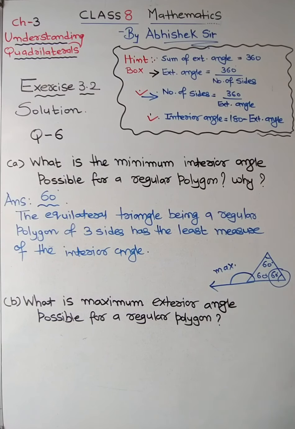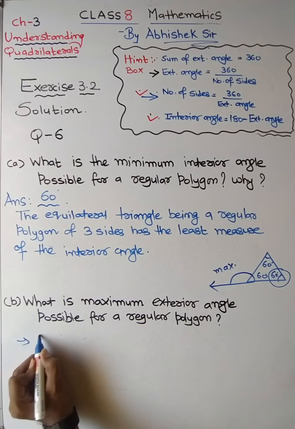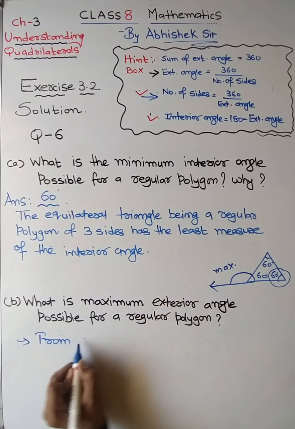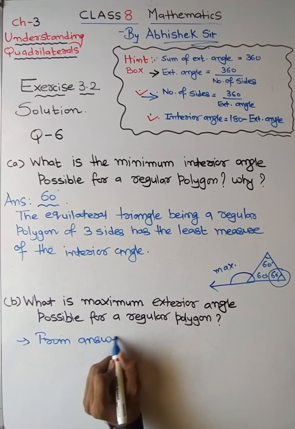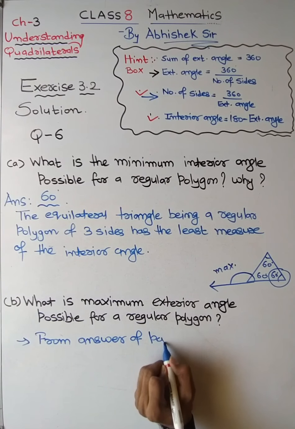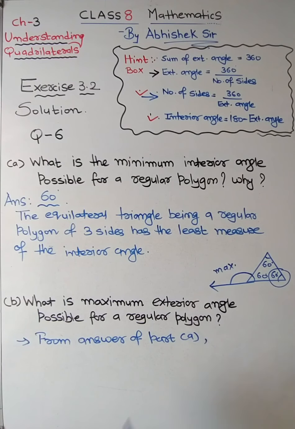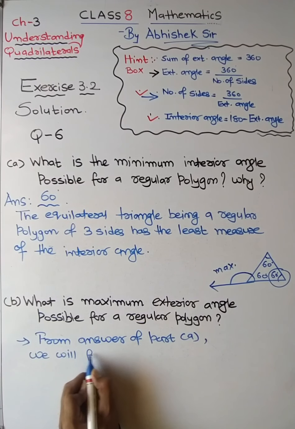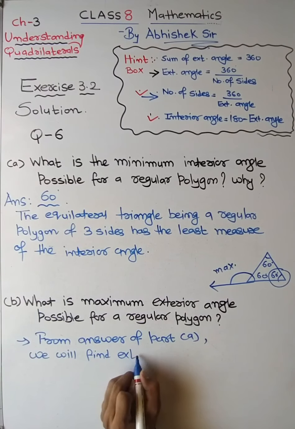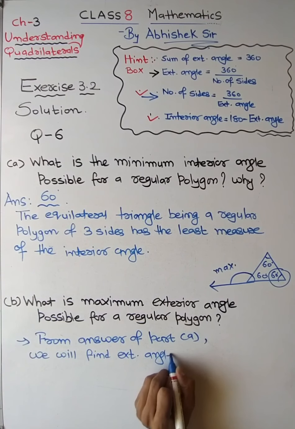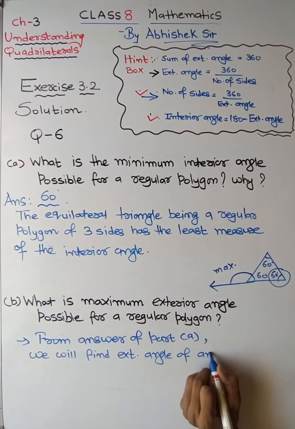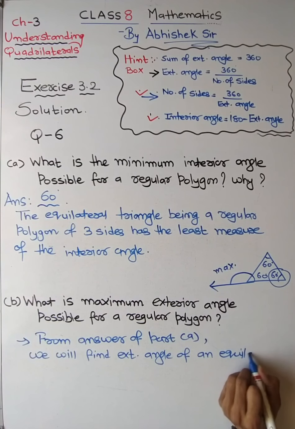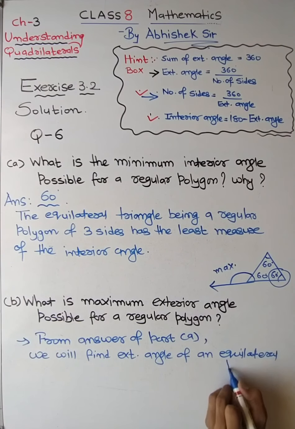So if you want to find the maximum value of the exterior angle of any regular polygon, from the answer of part A, we will find the exterior angle of an equilateral triangle.